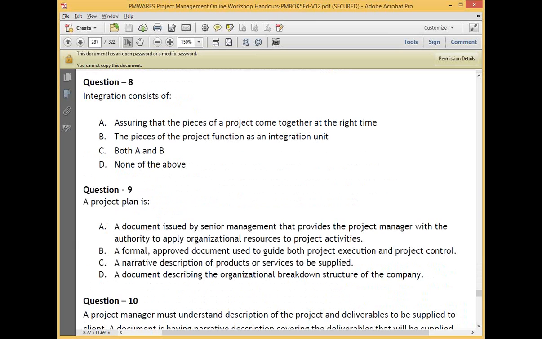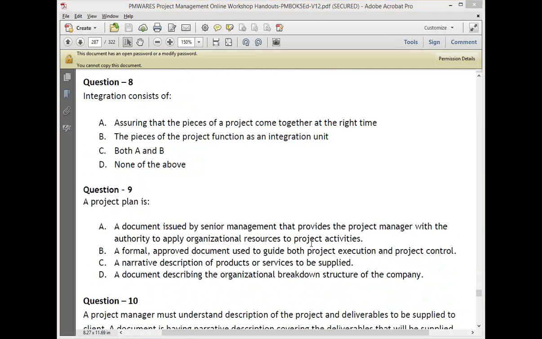C, C, C, C. Okay, good. Question number 9. B, A, B. This is the fourth one. B, okay.